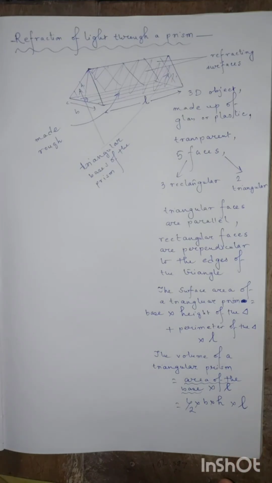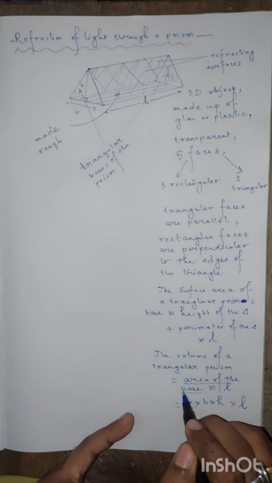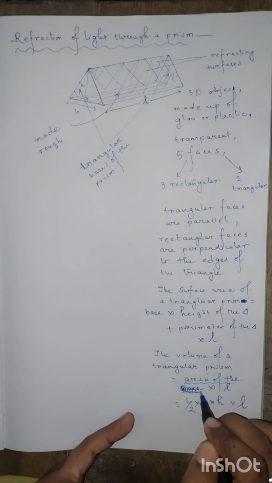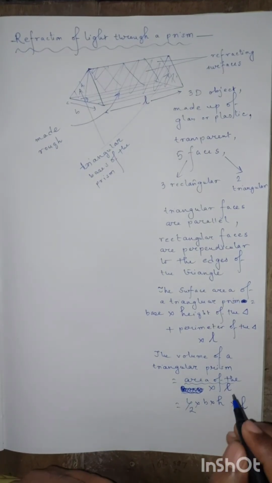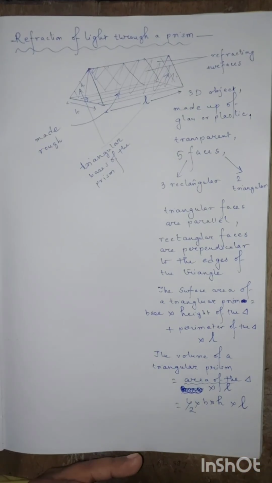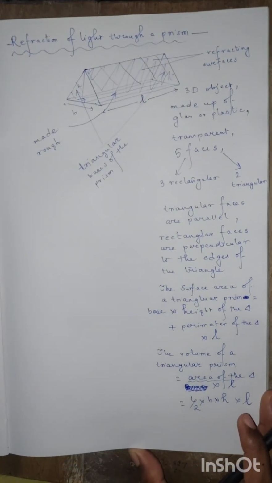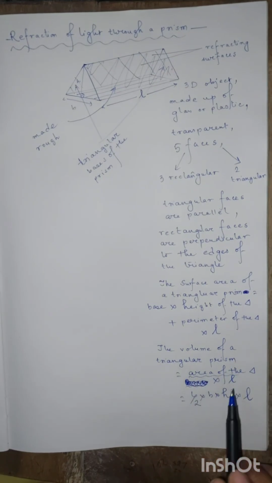Okay, friends, let us do one thing. Let us write area of the triangle. We are not using the term base. Area of the triangle into length. So we can see that the volume of a triangular prism is area of the triangle into length.